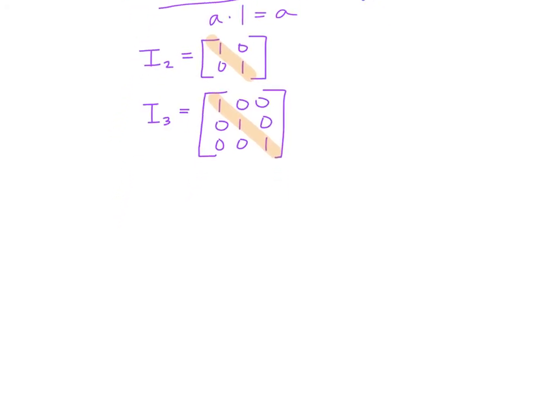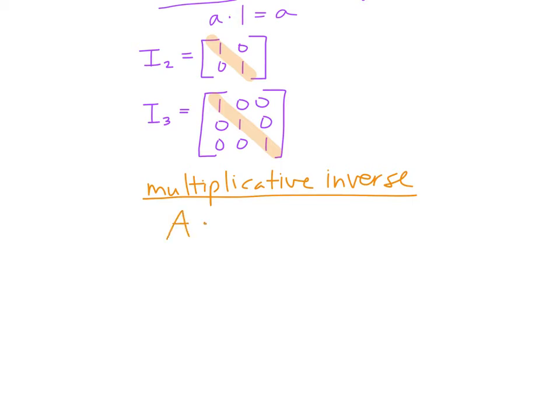Then we're also going to talk about the multiplicative inverse. And for multiplicative inverse, basically this is saying that a matrix times its inverse, that's A to the -1, sorry, so that's the inverse matrix, right, will equal your identity matrix, okay?